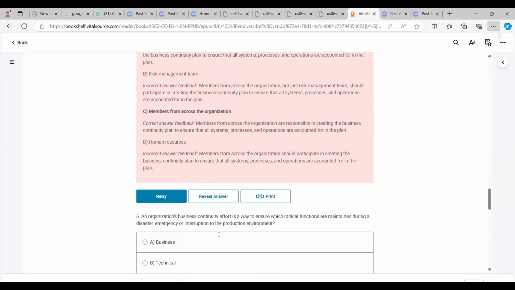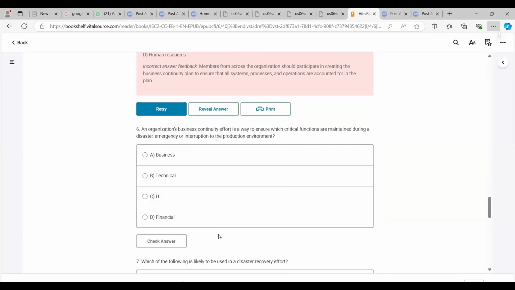So number 6: an organization's business continuity effort is a way to ensure which critical functions are maintained during a disaster, emergency, or interruption to the production environment. Number 6.